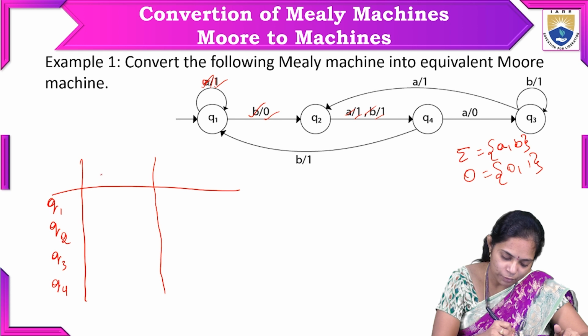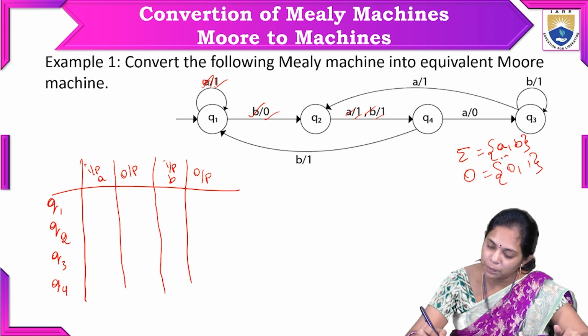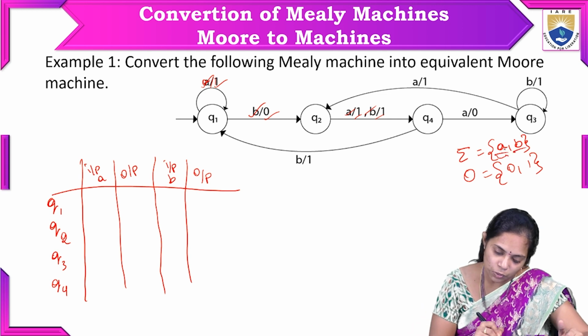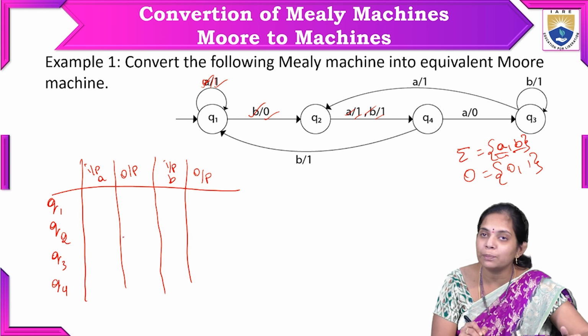So we take the next state and output for the input symbol A, and the next state and output for the input symbol B. Let's find the states for input symbol A, and what the output is in this diagram.